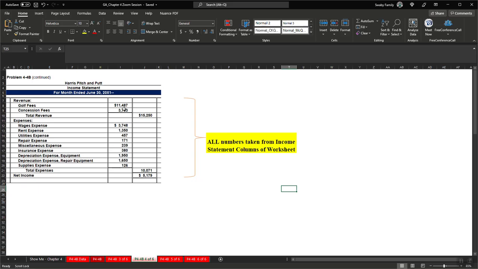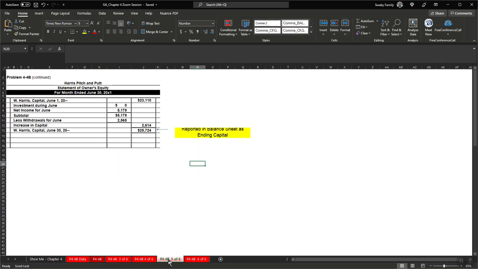Again, the income statement is prepared using the information taken from the adjustments column, or in this case, you can go directly to the income statement of the worksheet and take your revenues, take your expenses, and of course, you notice the net income is the same as we saw on the worksheet.